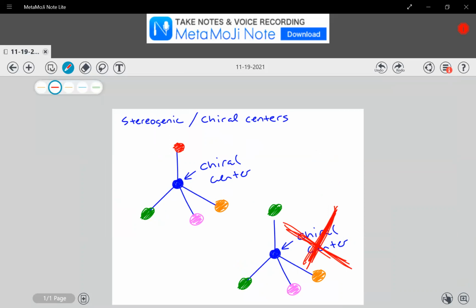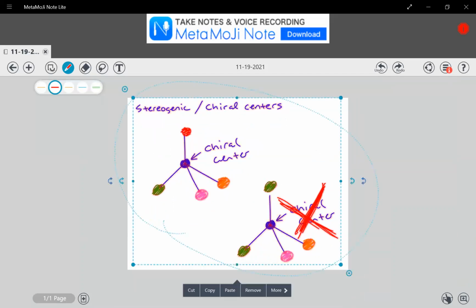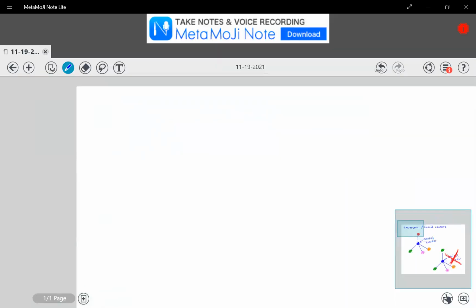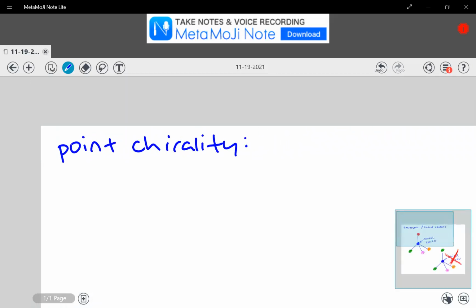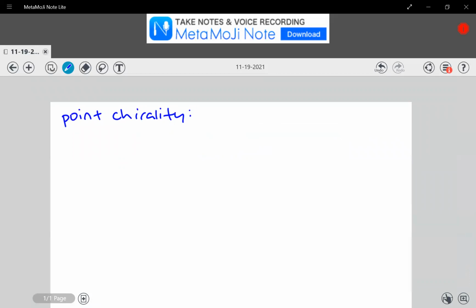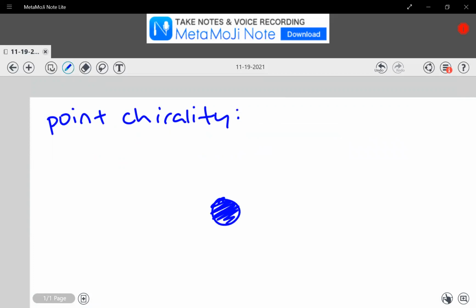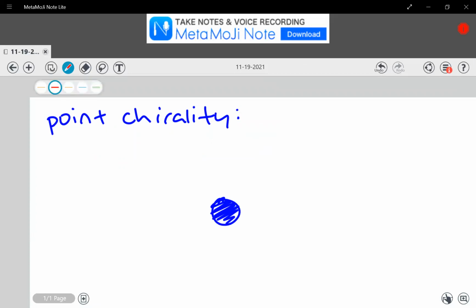All right, and there are different types of chiral centers, of course. So this right here, it's called point chirality. So let's go ahead and define all of this. Point chirality just means that you have a chiral atom, and it's attached to 4 different stuff. 1, 2, 3, 4.